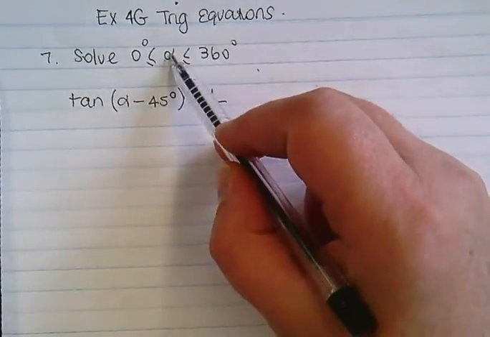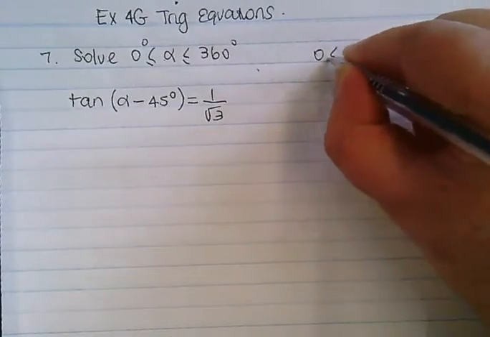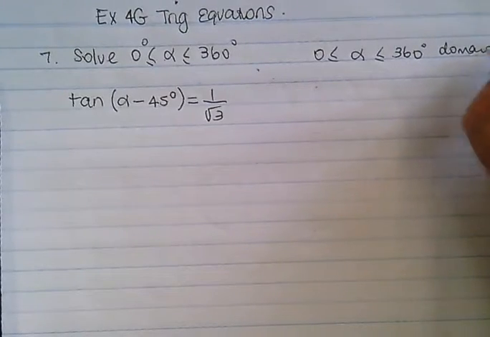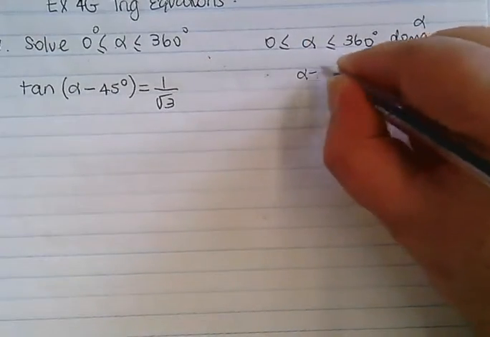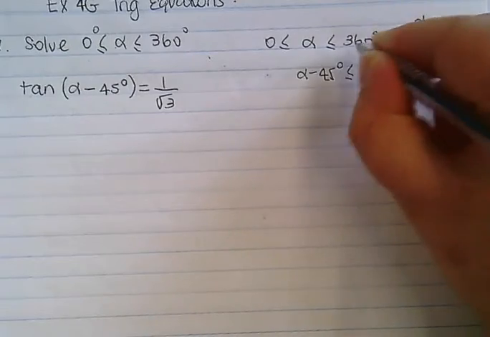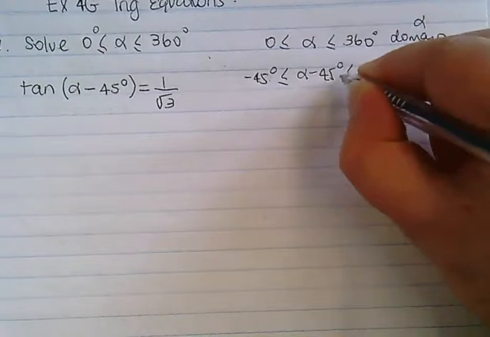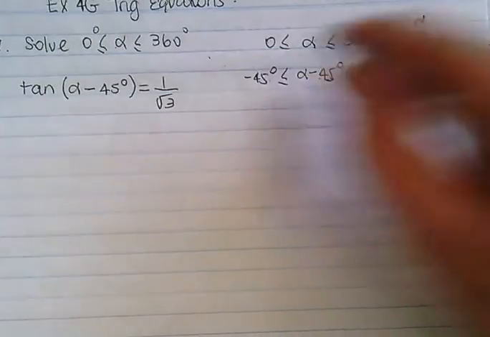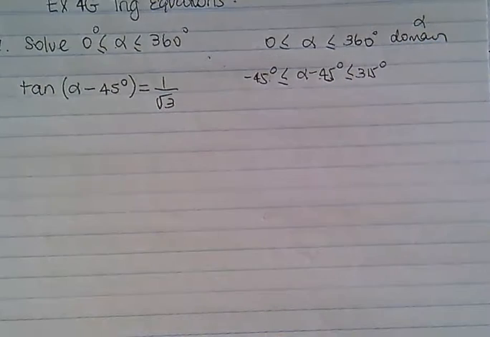How do I go from alpha to alpha minus 45? I subtract 45. So my domain for alpha minus 45 is each of these values minus 45. So it goes from negative 45 to 360 minus 45, which is 315.